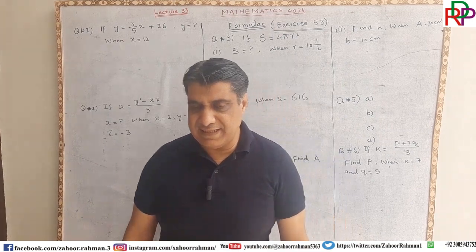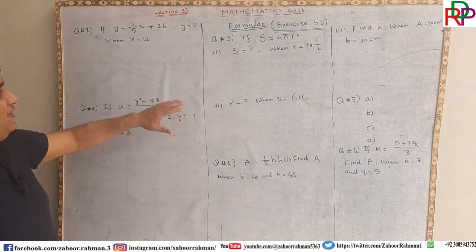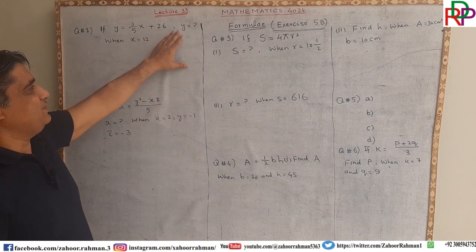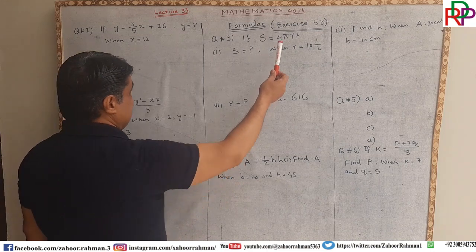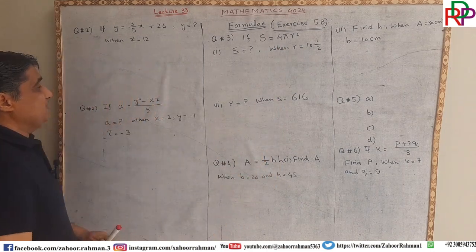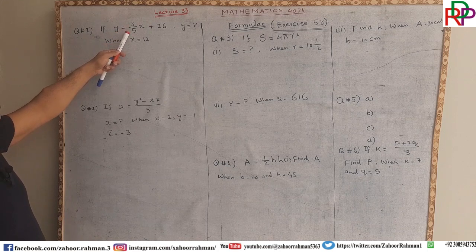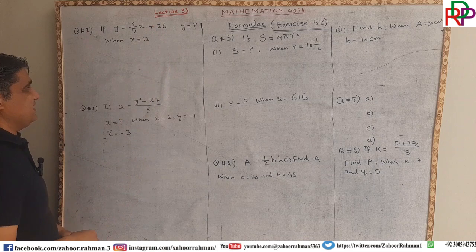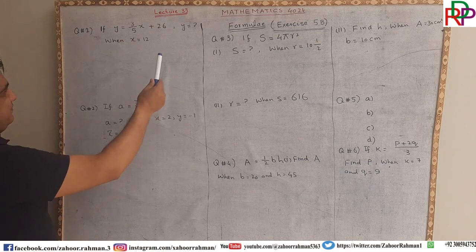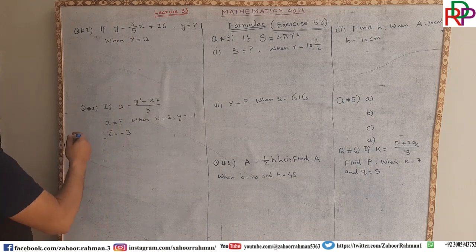So let us learn the technique of how we will use formulae when the values of the variables are given. We are starting exercise 5b and that is saying that if y is equal to 3 over 5 x plus 26, find the value of y when x is equal to 12.